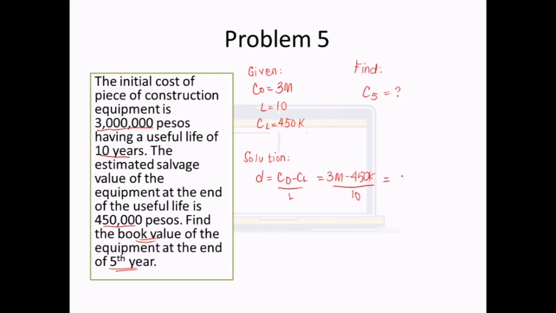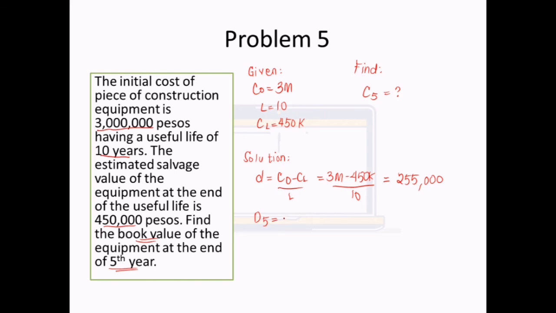And therefore, the depreciation per year of the construction equipment is 255,000 pesos. So yearly, its value will be depreciated by 255,000 pesos.